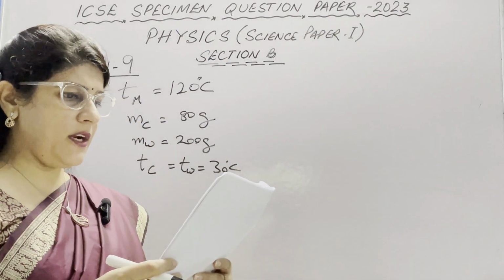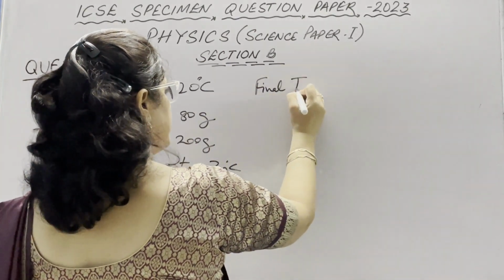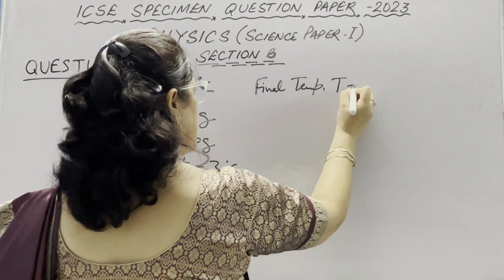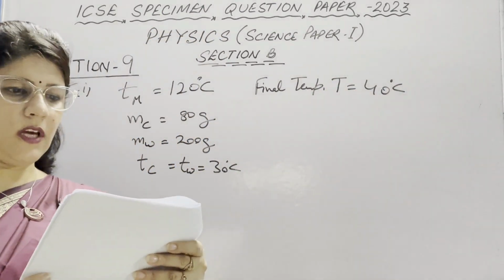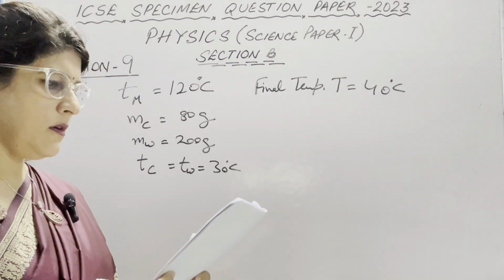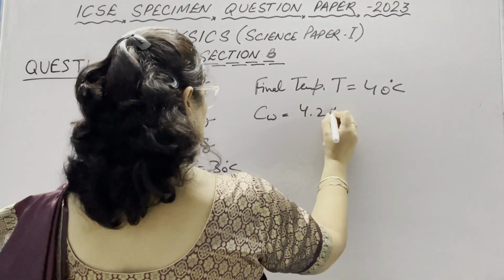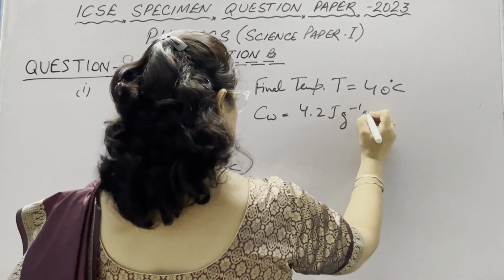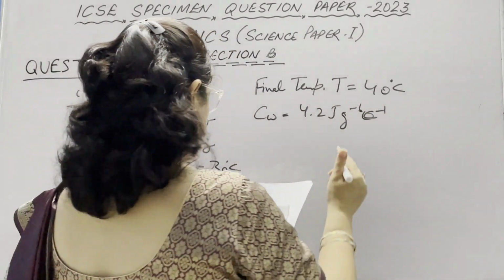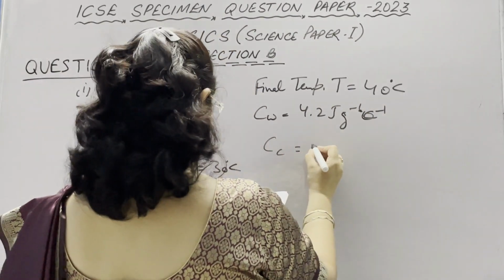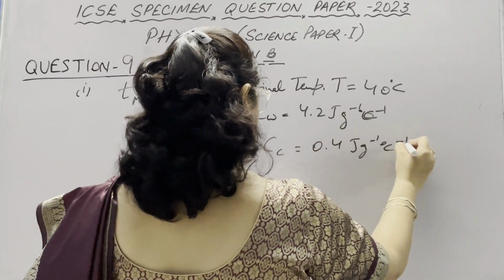Now the final temperature retained by the mixture is 40 degrees Celsius. So the final temperature T is given as 40 degrees Celsius. Calculate the thermal capacity of the metal piece. The specific heat capacity of water is given as 4.2 joule per gram per degree Celsius, and the specific heat capacity of the calorimeter is given as 0.4 joule per gram per degree Celsius.